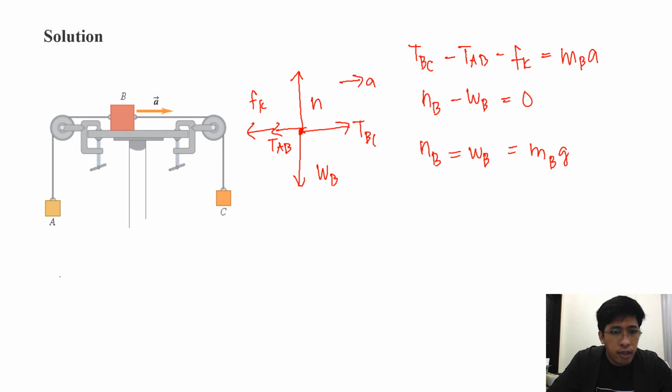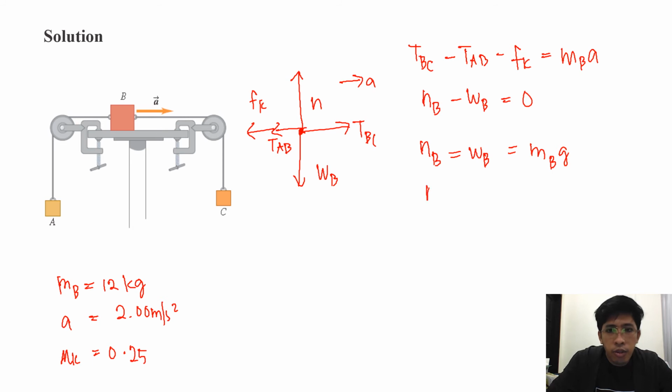So here, your mass B has a mass of 12 kilograms, and you have your acceleration, which is equal to 2 meters per second squared, and we have your coefficient of kinetic friction, μk, which is equal to 0.25.